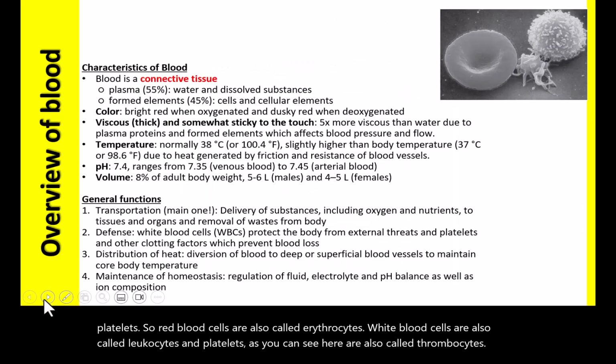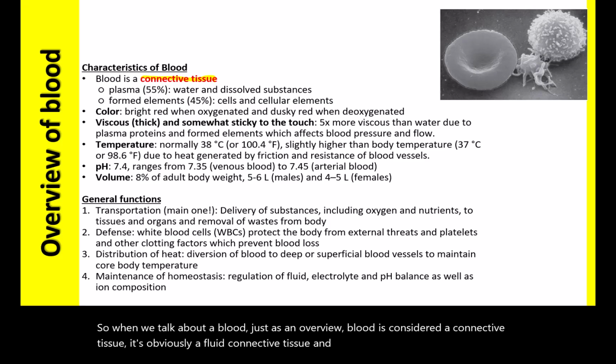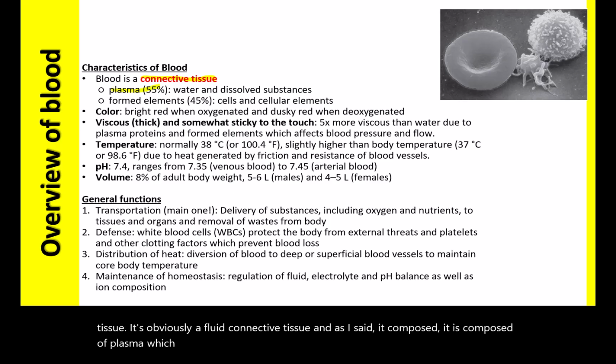So when we talk about blood, just as an overview, blood is considered a connective tissue. It's obviously a fluid connective tissue. And as I said, it is composed of plasma, which makes up 55% of blood, and then the other 45% is formed elements, which are cells as well as cellular elements.